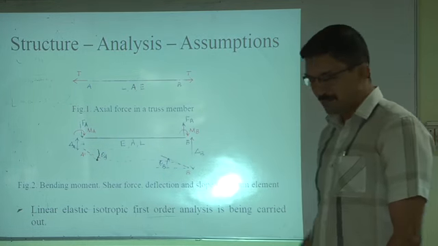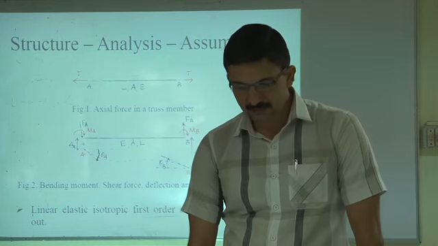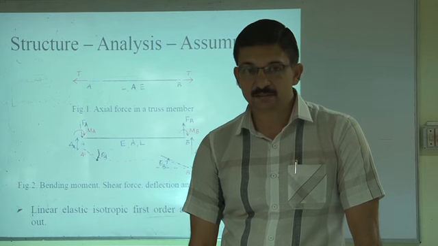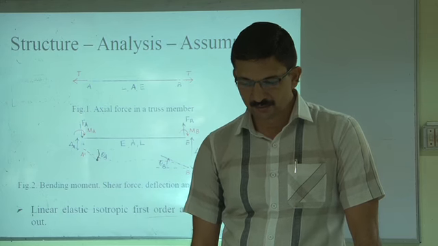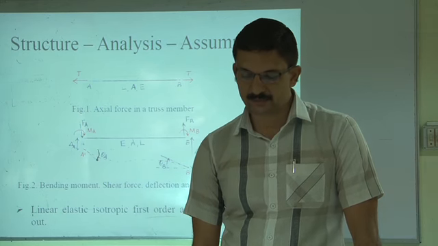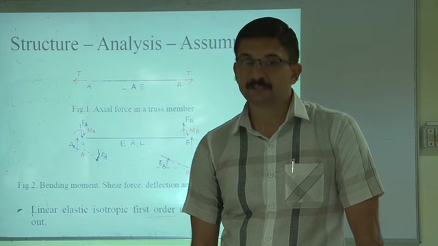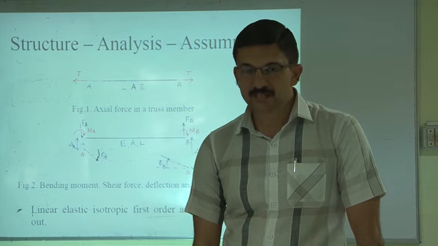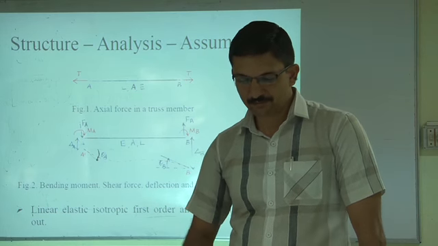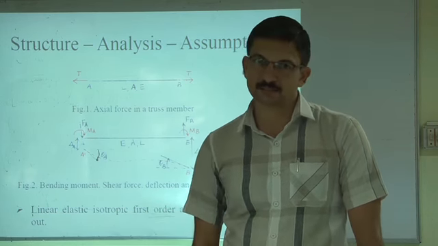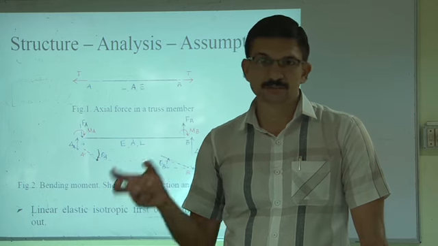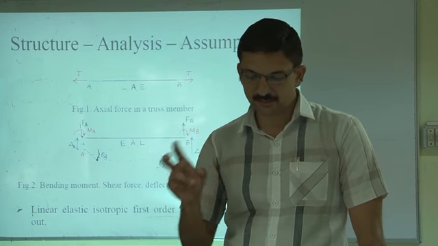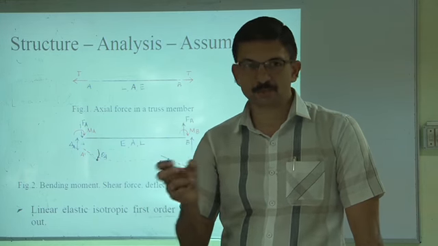And we also assume that the structure is linearly elastic, isotropic, and we go for only first order analysis. That means the stress-strain curve of a structure is linear. Stress follows strain, or the relation between stress and strain is going to be linear.